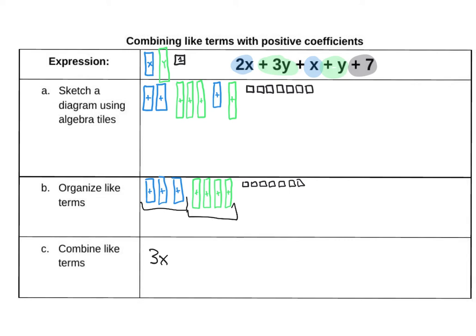So since that is 4 positive y's, I'm going to say plus 4y. Then what I have right here is that 7, positive 7. So that's plus 7. And that is my simplified expression. So 2x plus 3y plus x plus y plus 7 is equivalent to 3x plus 4y plus 7.